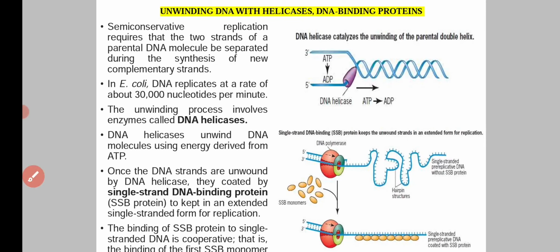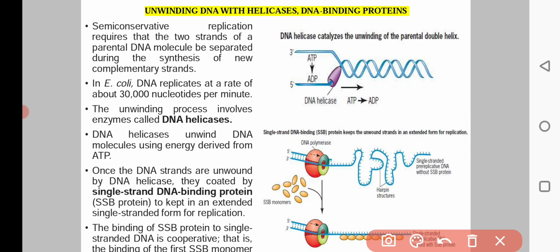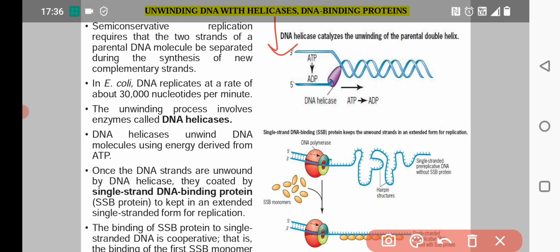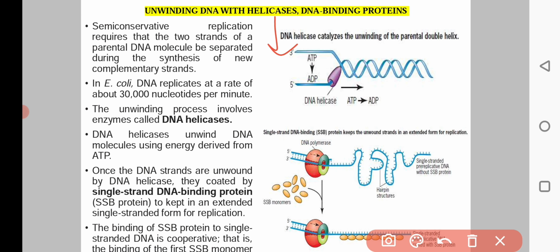So now the primer has been synthesized. Now DNA helicase will unwind the two DNA strands. We all know that the DnaB protein, or DNA helicase enzyme, has already joined the replication bubble.